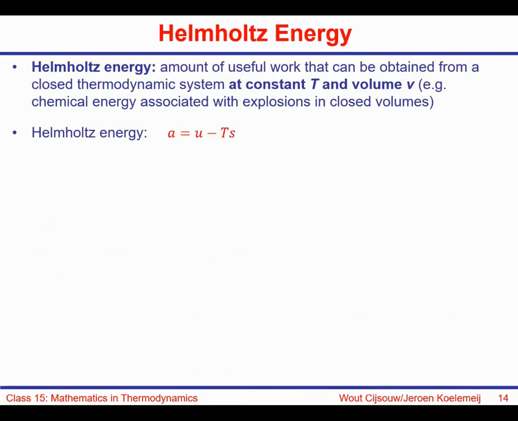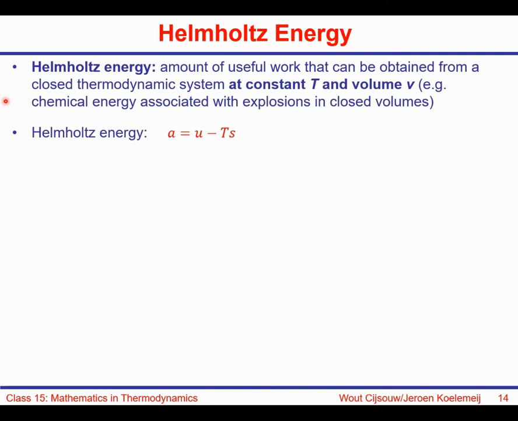So apart from the Gibbs energy, there's also the Helmholtz energy. Like we said before, it's the amount of useful work that can be obtained from a closed thermodynamic system, assuming that it is at constant temperature and constant volume.